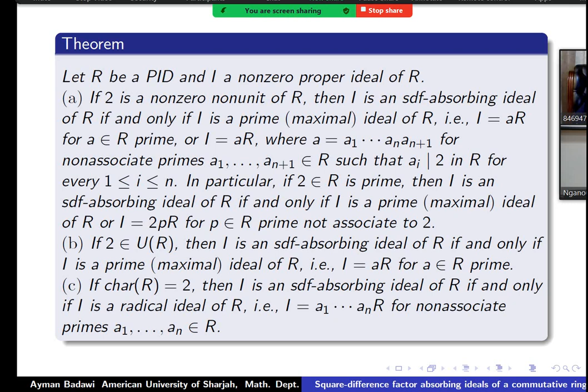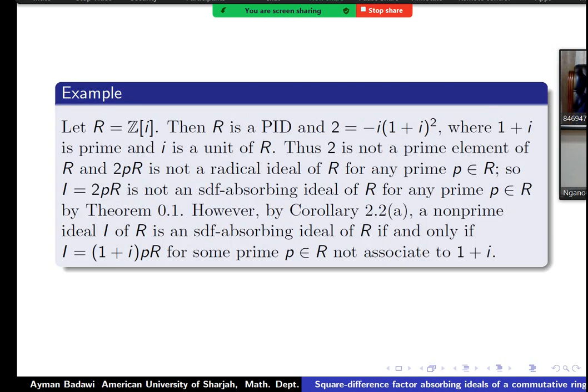That's the interesting case. So what I'm trying to tell you is that if 2 is not a unit, it does not mean 2R is an SDF absorbing ideal. You see aR, this a has to be a product of non-associative prime elements, and each one of them has to be a factor of 2. And here is the example. Take Z[i].